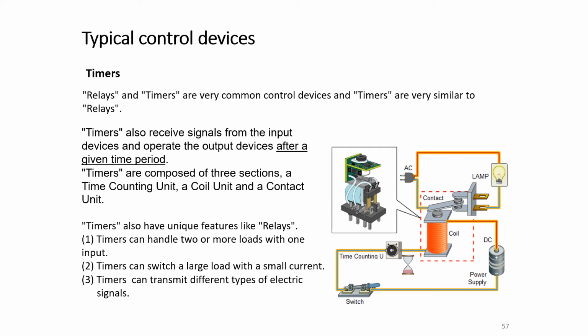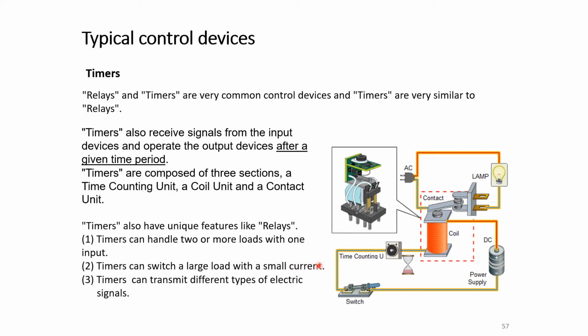Timers are composed of 3 sections: time counting unit, a coil unit, and a contact unit. So here you could see we have a very similar circuit as the relay we discussed in the previous slide, but additional to that we have a time counting unit.